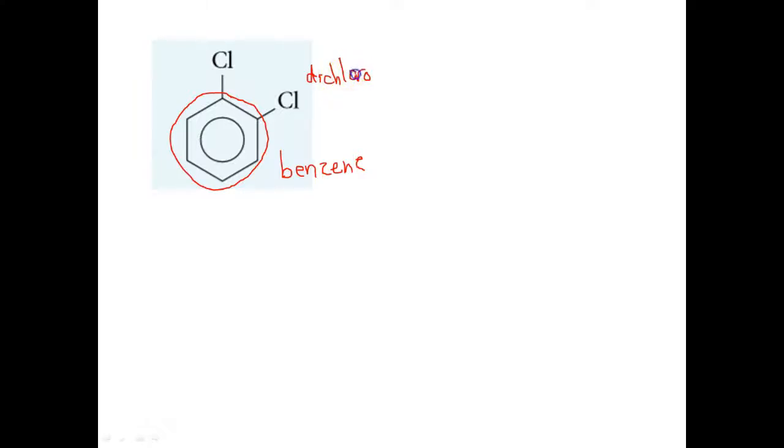It doesn't matter which way I count. I can call this chlorine carbon 1, in which case I would count that way, or I can call this carbon 1 and count that way. But at any rate, it would be 1,2-dichlorobenzene.